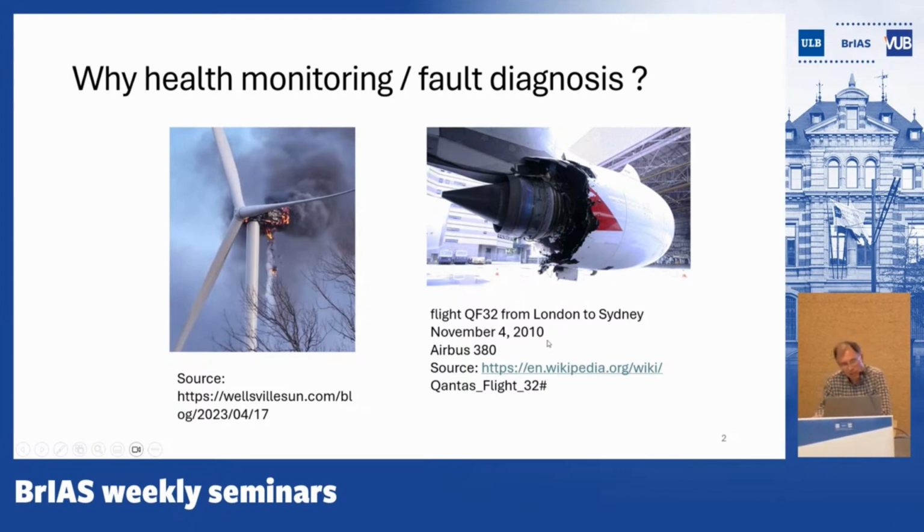And so what happened is that shortly after taking off from Singapore, the reactor was subject to severe damage, and the damage of this engine was investigated, and it was seen that it was caused by an excessive leak of oil, and despite the high leak of oil, it was undetected by the monitoring system of the airplane.